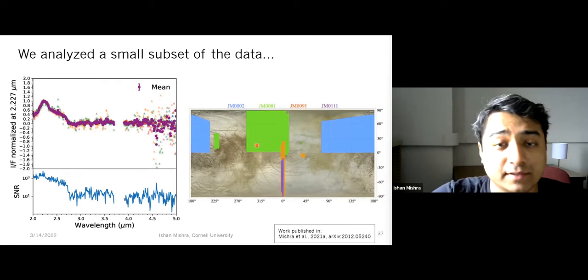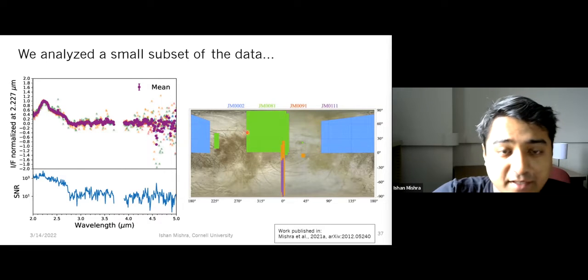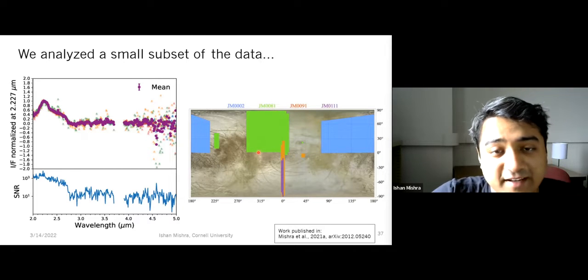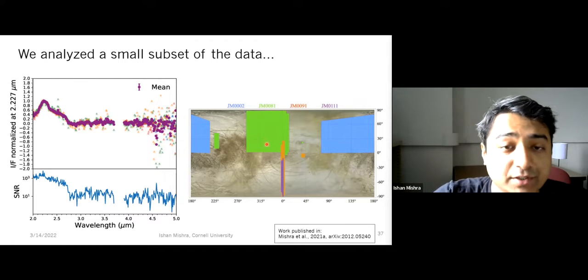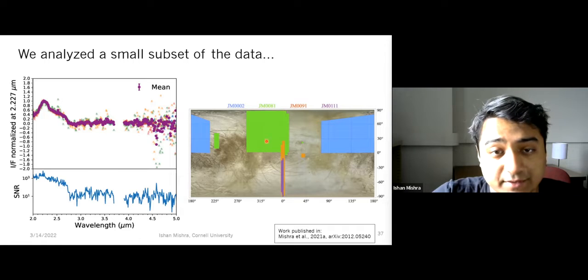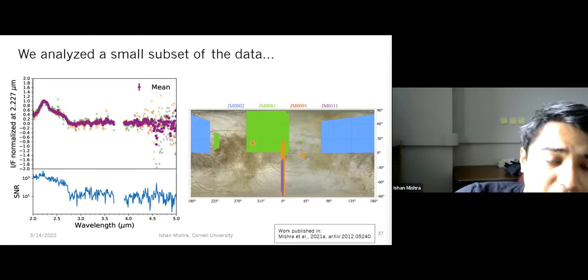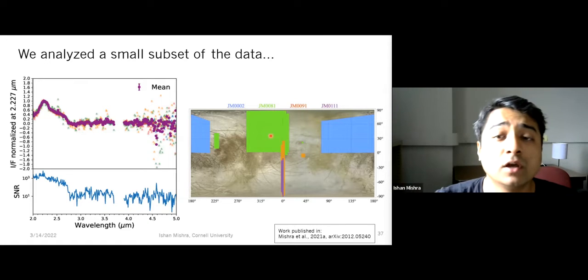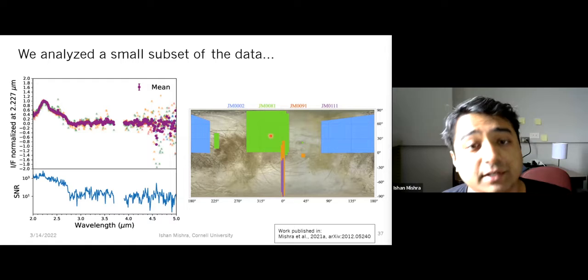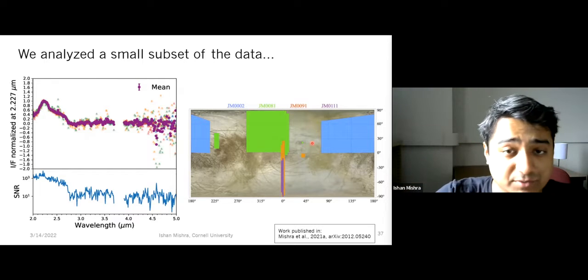So it's not like we know that from the 81st orbit, the data came from here, but if there were 20 spectra taken in this observation, we don't know where those 20 spectra come from, because, at least at the time when we were doing this work, there was a huge uncertainty in their exact pixel position. So the observational geometry parameters were basically not constrained. Like we could not tell what was the incidence, emission, and phase angle for most of these observations.